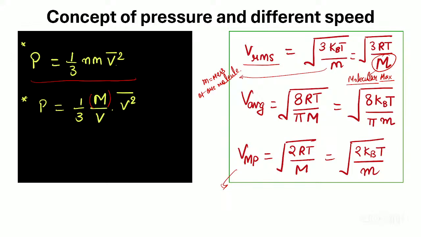This RT you can replace by PV, because we know that PV equals nRT. For 1 mole of gas, PV equals RT, which means in this formula you can replace it by PV. So it will be 8PV upon πM, and this V by M will become 1 upon ρ, which is nothing but the density. So in terms of density also we can vary it.